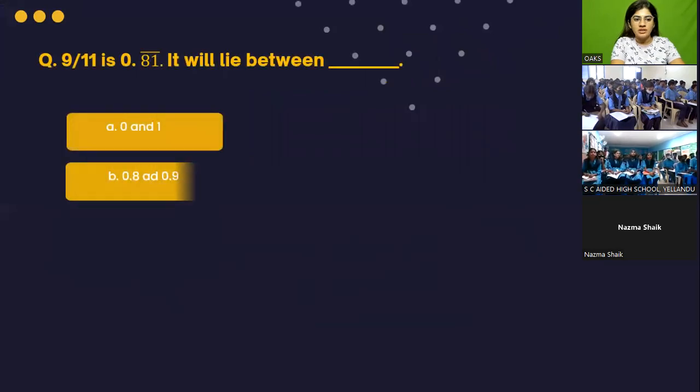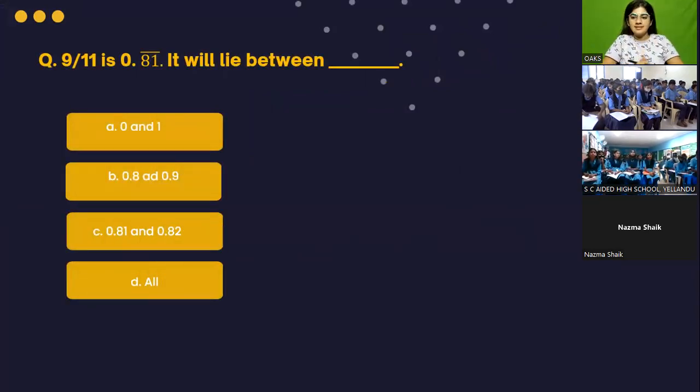Moving ahead, now you have a question. Can you answer this? 9 over 11 is 0.81 bar. It will lie between... Anyone can answer loudly.